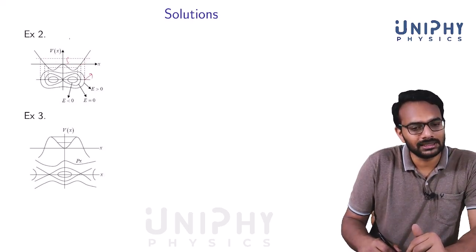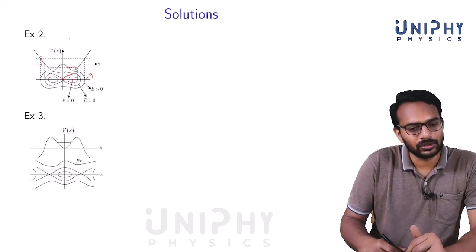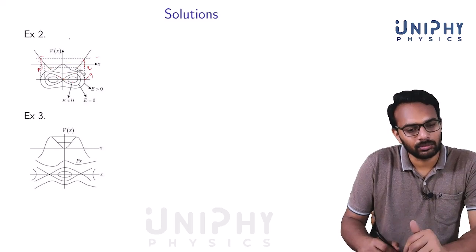There are bound states corresponding to this, and there are separatrices corresponding to this energy, and there are again bound states in the case of periodic motion between these two points also. Let's say x1 and x2. There are two kinds of periodic motion. One periodic motion is between these two points, and the other periodic motion is between these points.